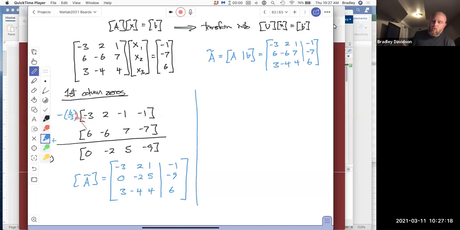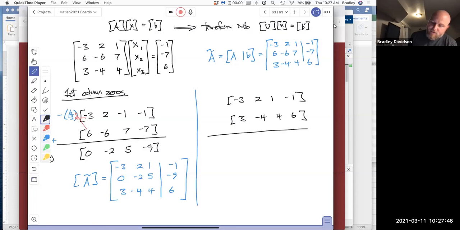And then we're going to operate now on the third row and put a 0 here. And so to do that, we're going to take our first row. And so our first row is -3, 2, 1, -1. And we're going to put our third row up, which is 3, -4, 4, and 6.